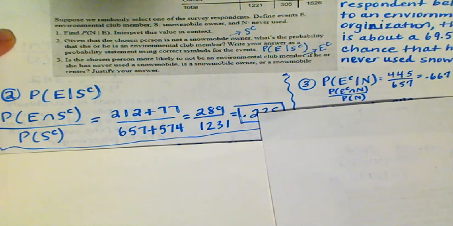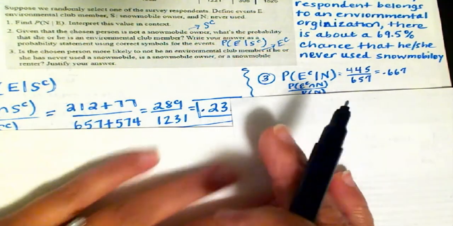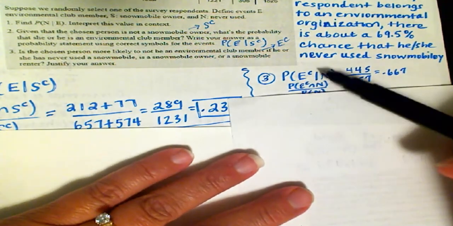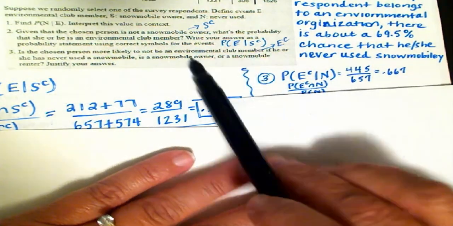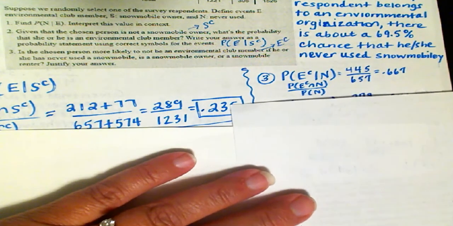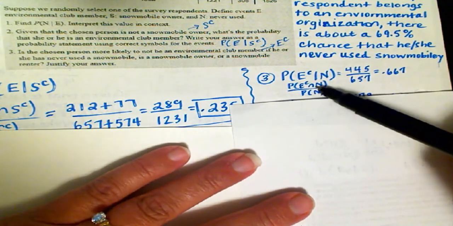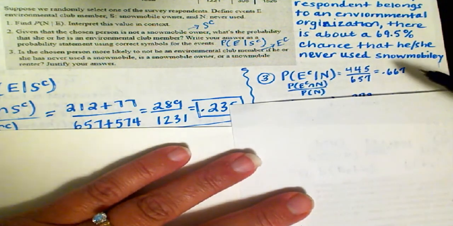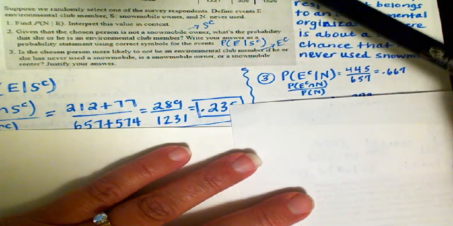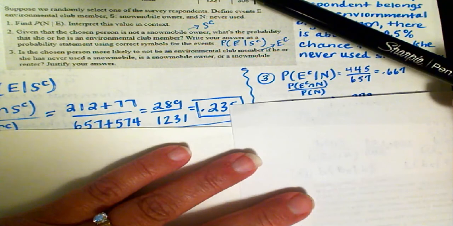Justify your answer. So to justify, you're just going to go through and show these 3 different probabilities. So the first one is the probability not in the environmental given never used a snowmobile, which is your N. So when you look at your table, you're going to do the probability of both. So not in environmental, so you're going to go to the no column and never used a snowmobile.